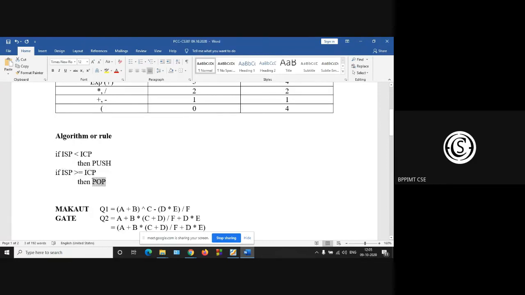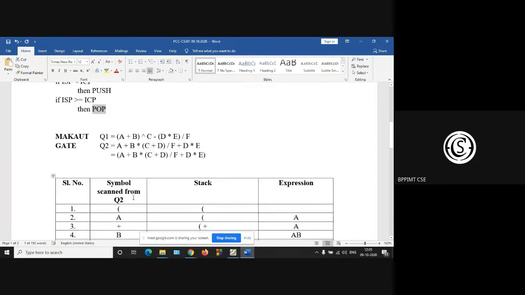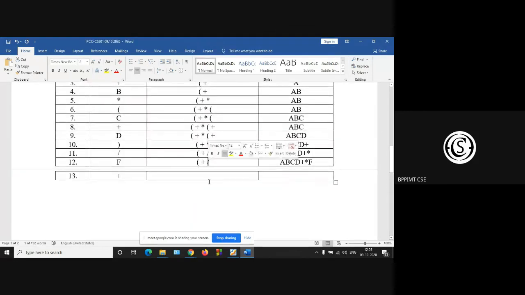That's why you have to pop the stack top, which was the division. So what will be the scenario? A B C D plus multiplication F, then division. Okay. Now first bracket, plus.